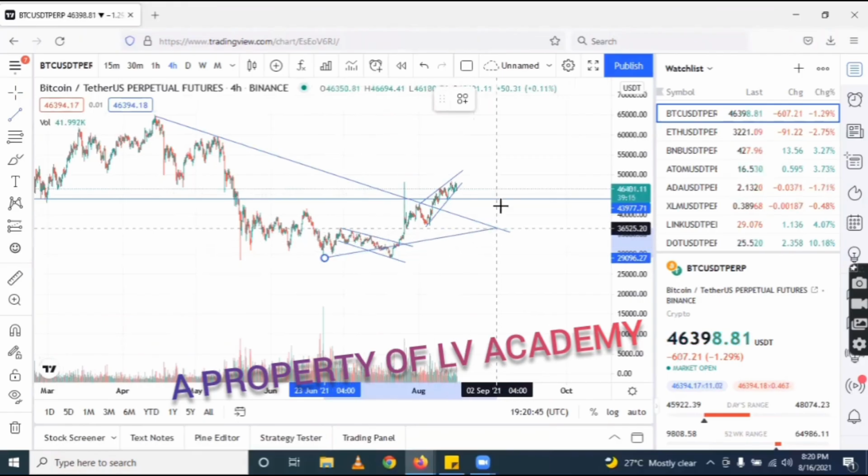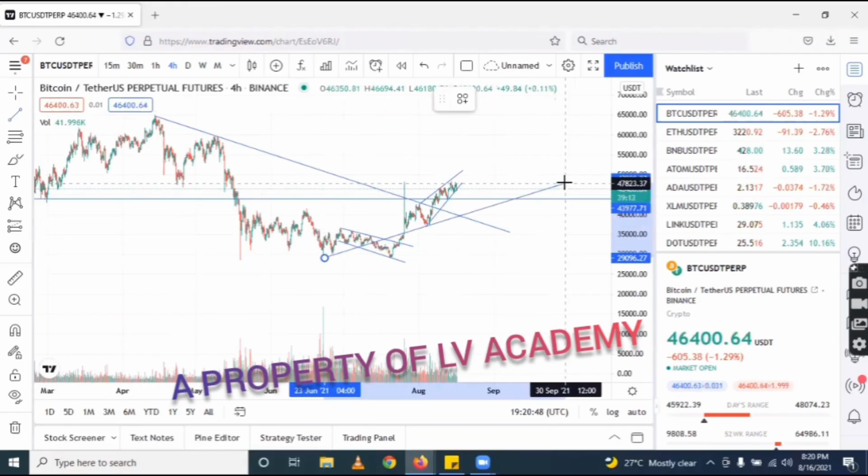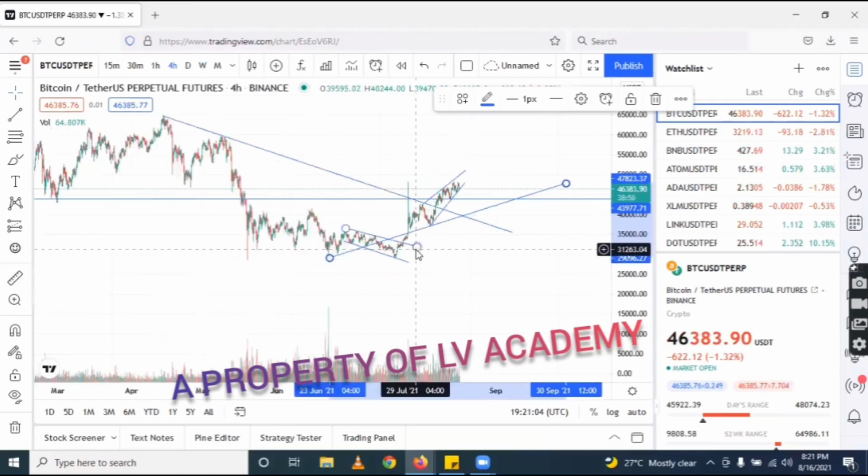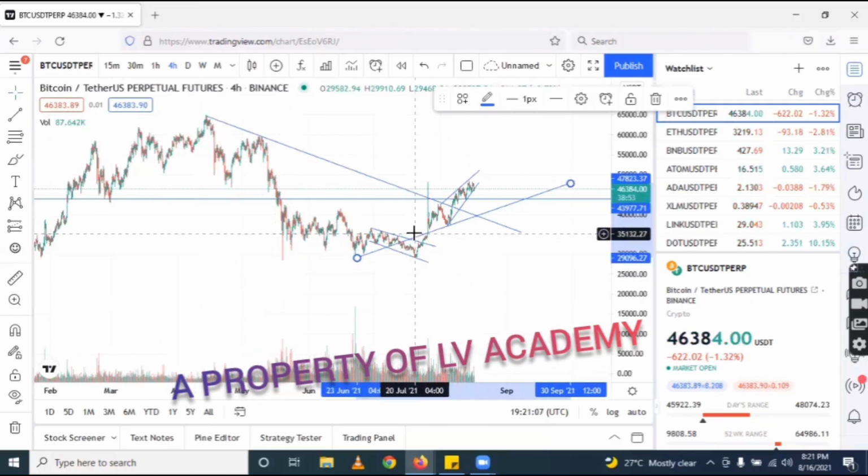Any trader can put their trend line as they deem fit. This is also valid. 1, 2, 4, 5, very valid. I'm just trying to show you examples. This is how it should be on your chart too. It shouldn't be this scattered; I'm just using it to show an example.